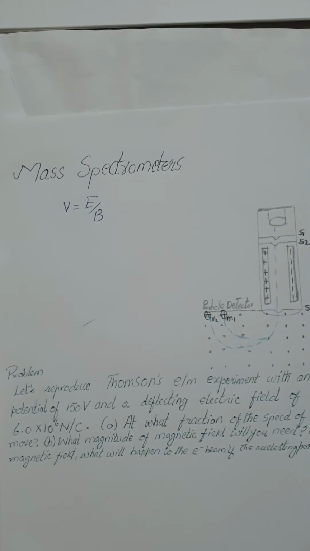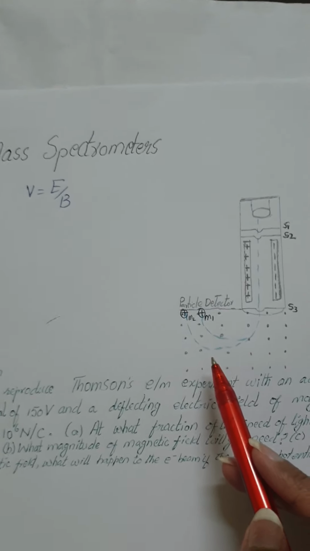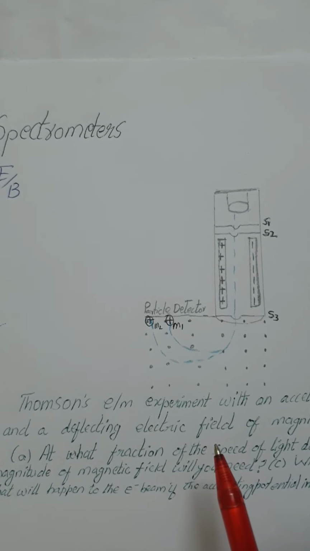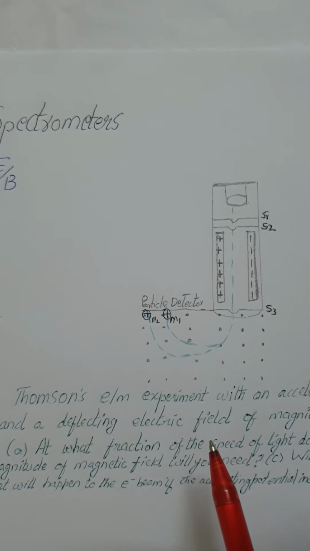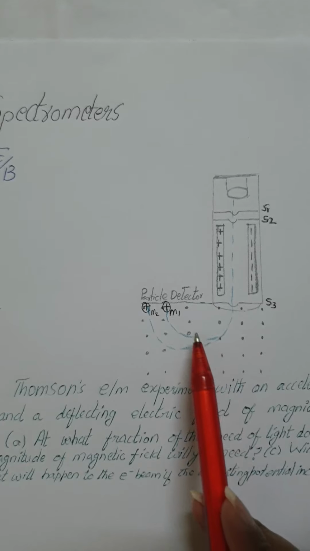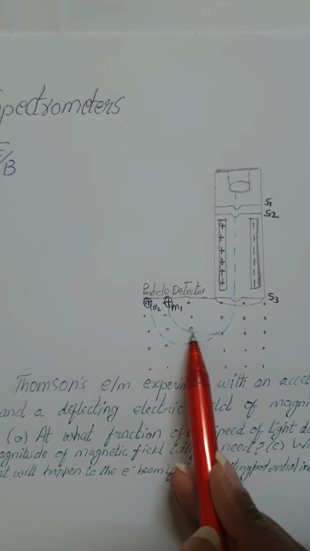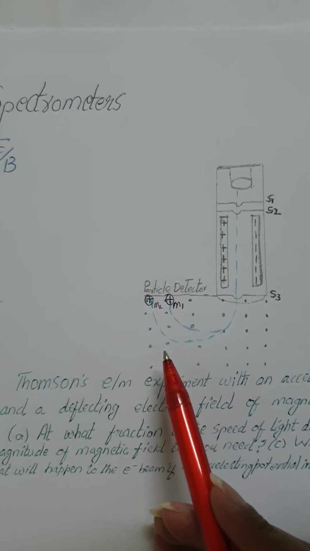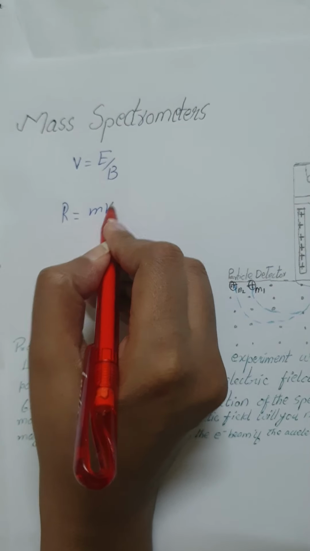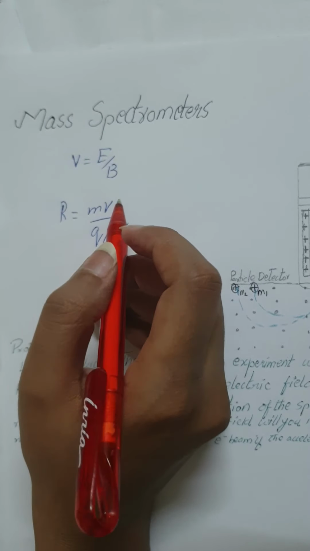So finally the ions pass into a region with a magnetic field perpendicular to the figure, and here in this magnetic field they move in circular arcs with different radii, and the radius can be measured by using r = mv/qB.